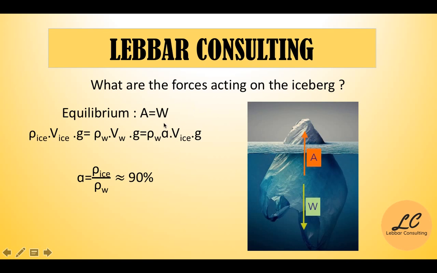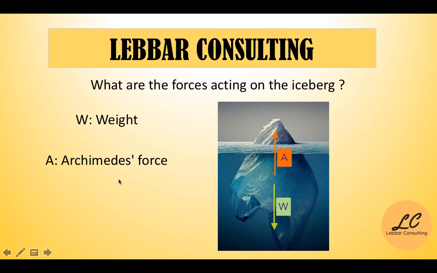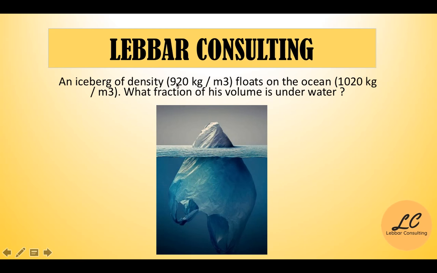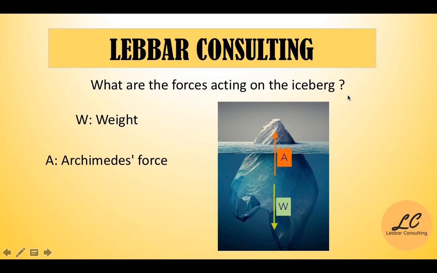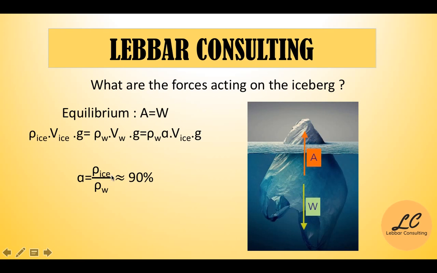So we end up with rho w times alpha is equal to rho of the iceberg, the volumic mass, and this equation gives us alpha equal to 920 kilograms per cubic meter divided by 1020 kilograms per cubic meter, which gives us 90%. I hope it's clear now, guys.